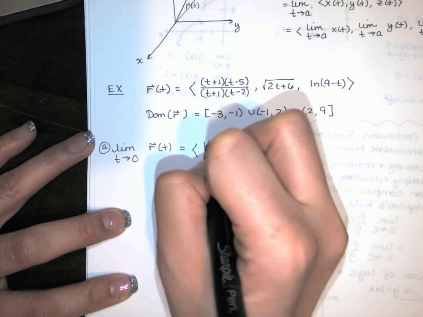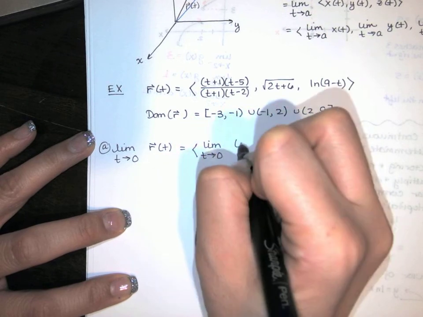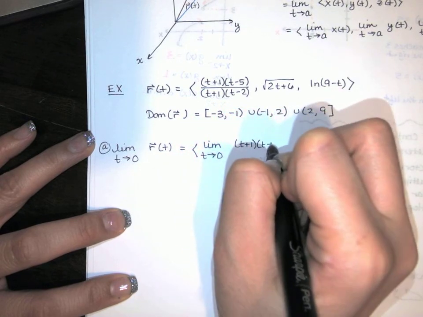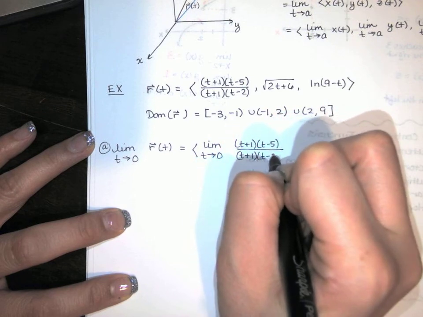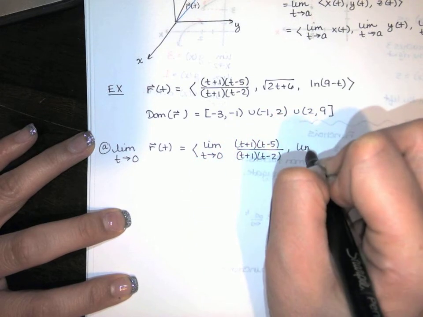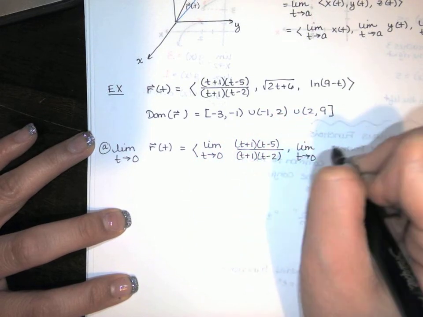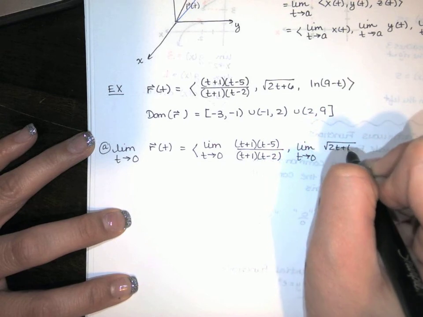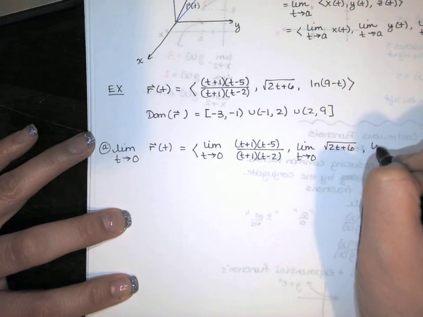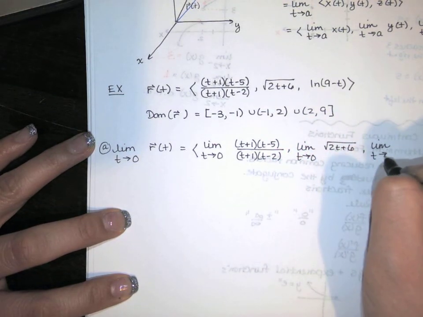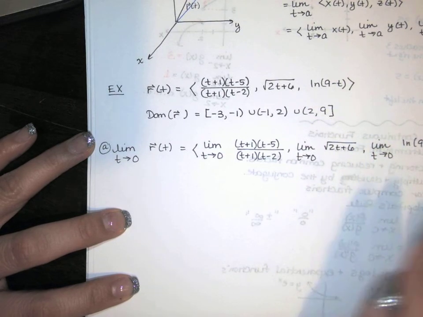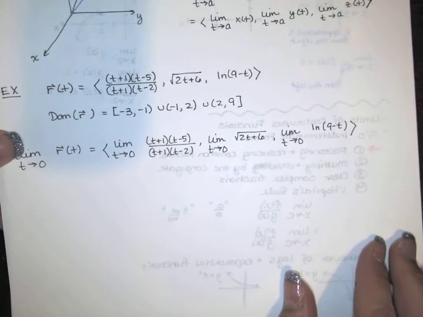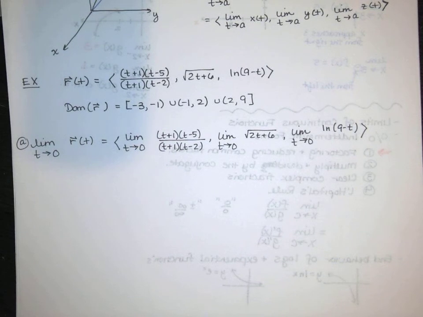Take the limit as t approaches 0 of the x component, multiply that by i hat, and then add the limit as t approaches 0 of the y component, multiply that by j hat, and then add the limit as t approaches 0 of the z component. And that's it. That's all you do. You just take the limit of all 3 parts. That's your answer.